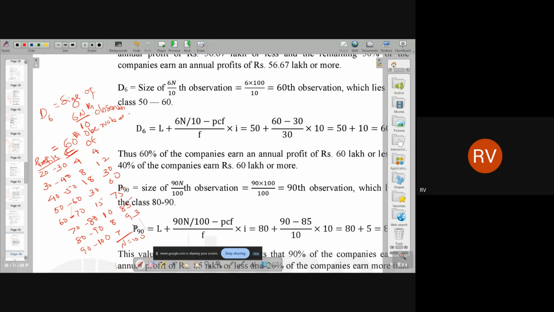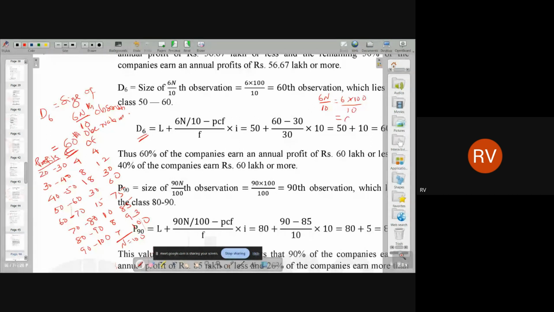D6 is the 60th observation, that is 60%, so 6n by 10 is equal to 6 into 100 by 10.